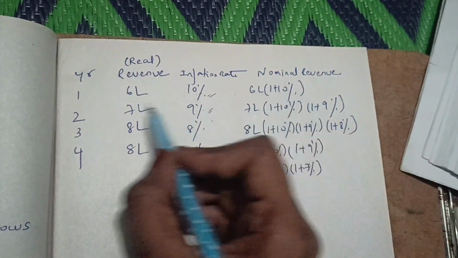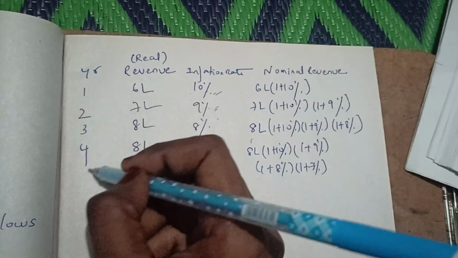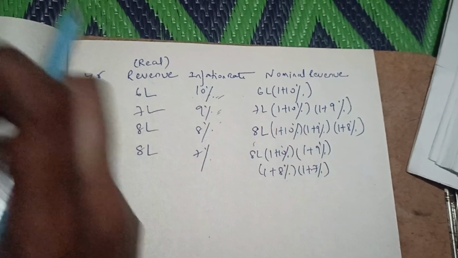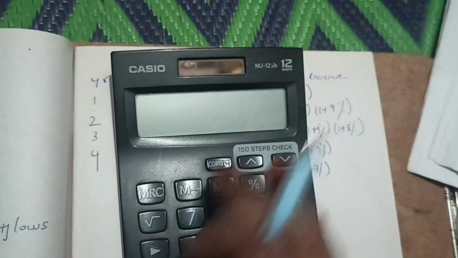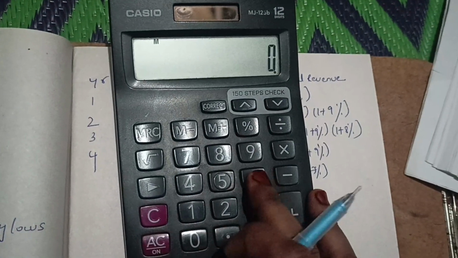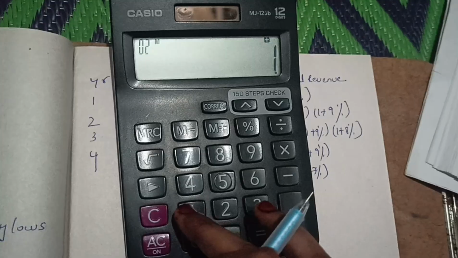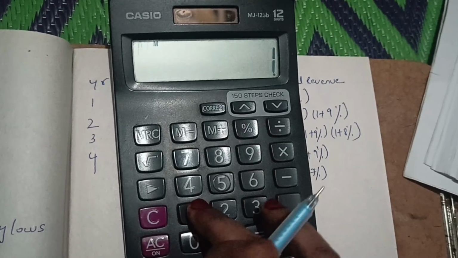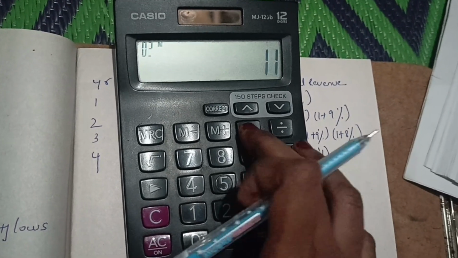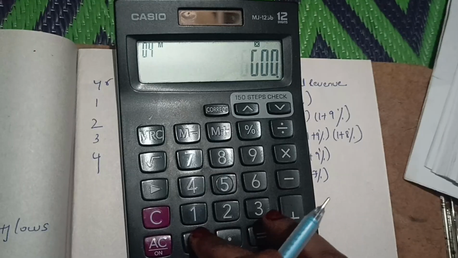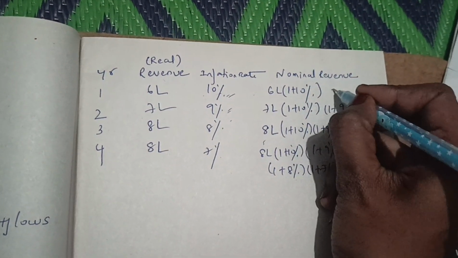I'll be showing the calculation for the first year. The remaining 3 years, please try to do on your own. 1 plus 10%, into 6 lakhs, is 6,60,000.